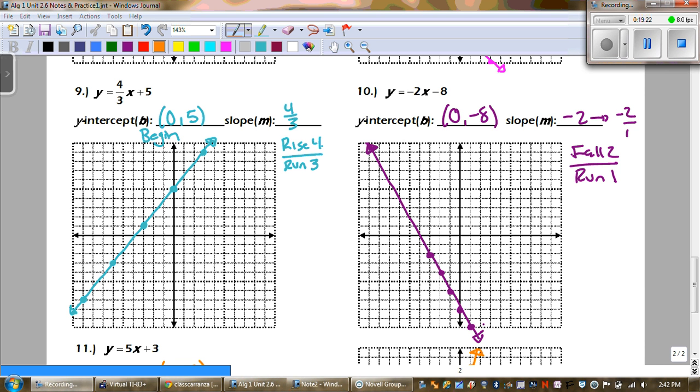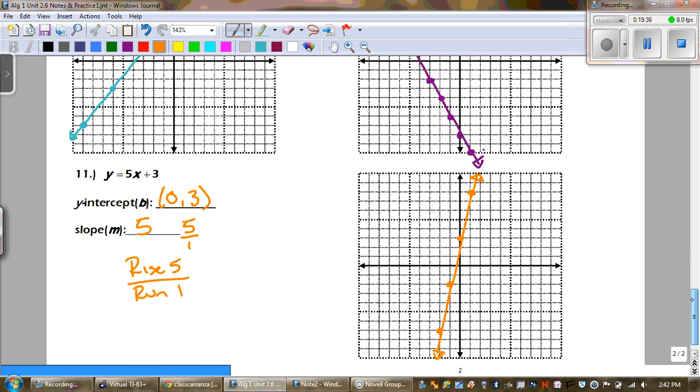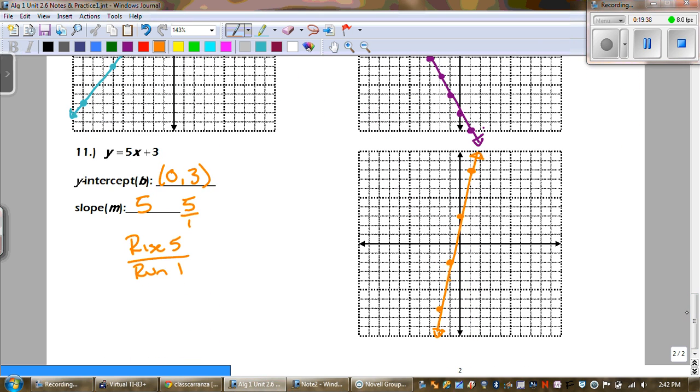The y-intercept was 0, -8, and the slope of -2, which is the same thing as -2 over 1, which means it's a falling graph because it's negative, and our run was 1. Okay? And then here's the answer to number 11. It's a positive slope, 5, which is 5 over 1. You start at 0, 3, and there you go.